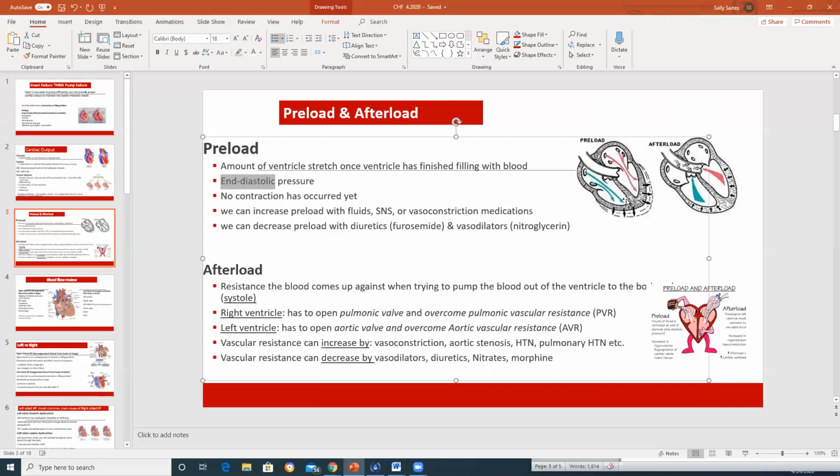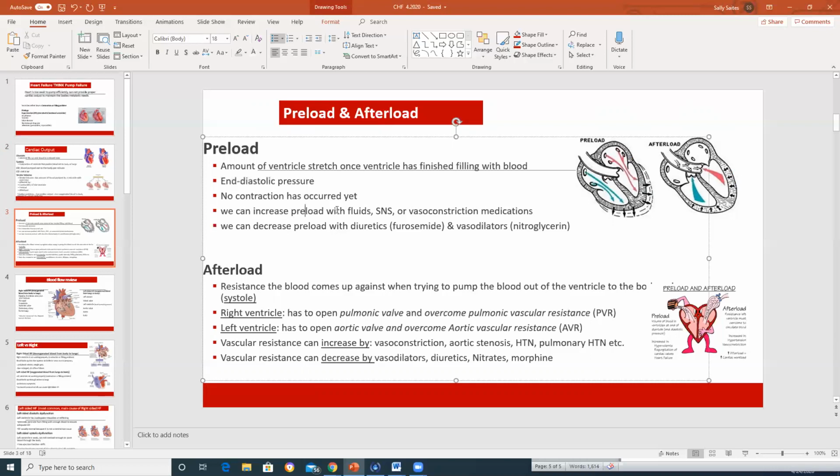Now we might want to change this amount of preload because maybe there is an overamount of fluid that is filling up and stretching this ventricle too much, or maybe there's not enough. Maybe someone is in shock and we need to perfuse their organs better.